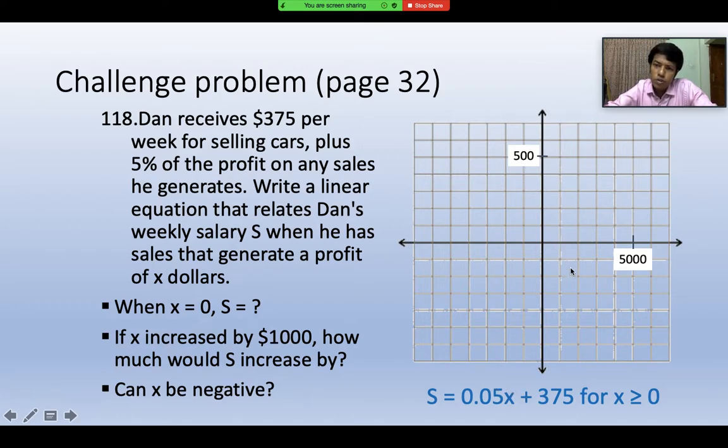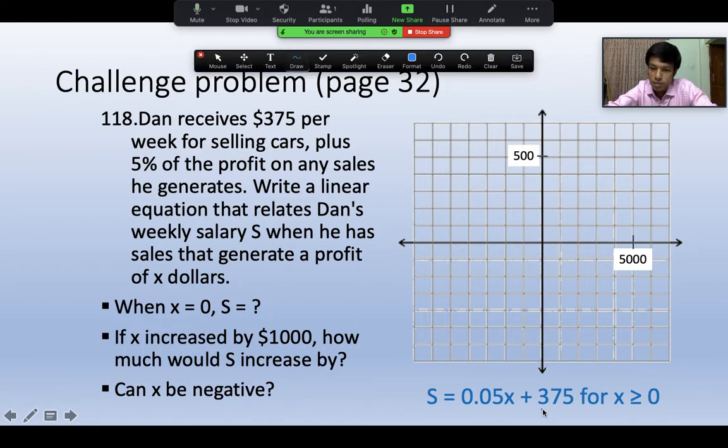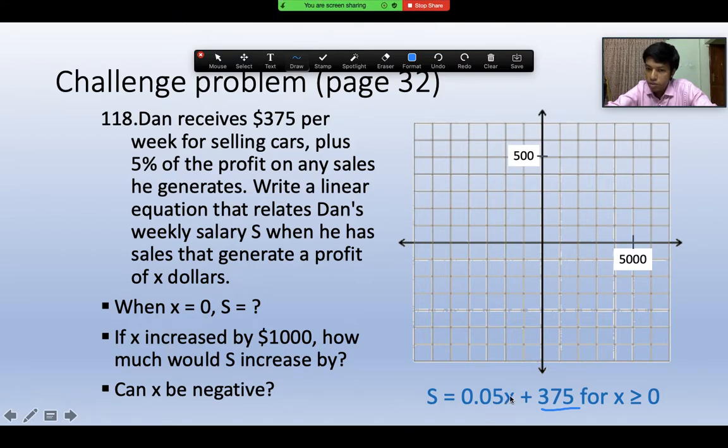Now if we want to draw the graph, what will the graph be? First of all, see this value of x equal to 0. If x equals 0, then the graph automatically starts from 375, because that is his starting money for that week.